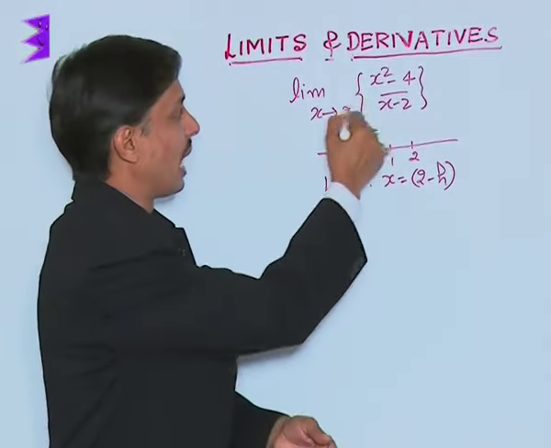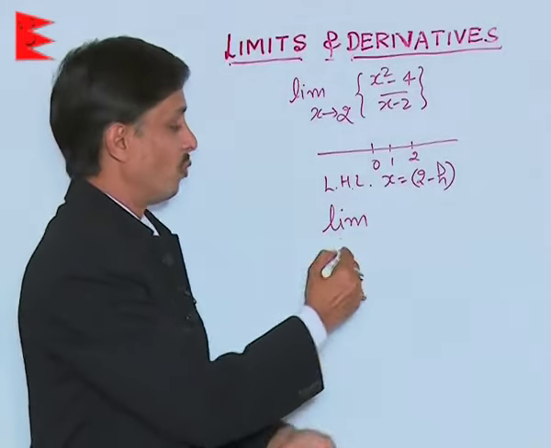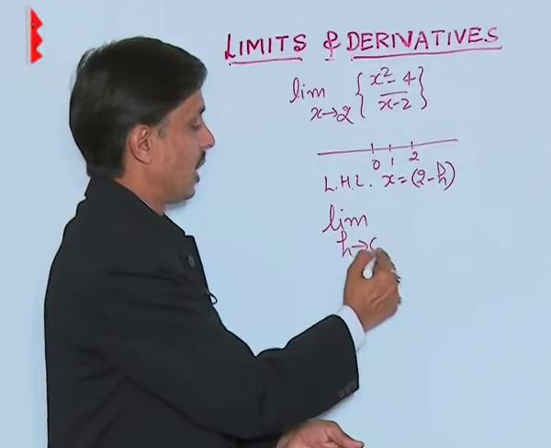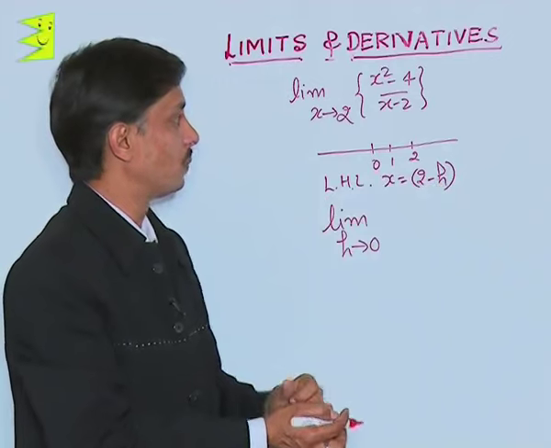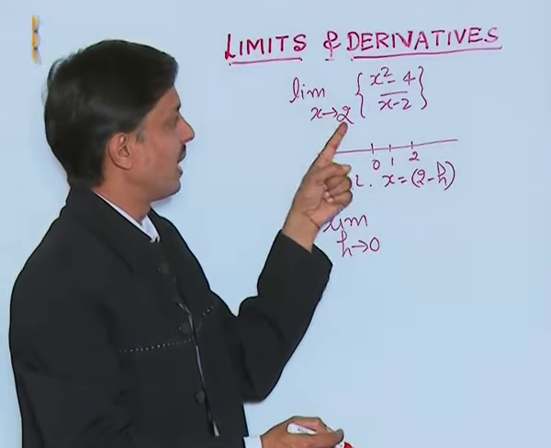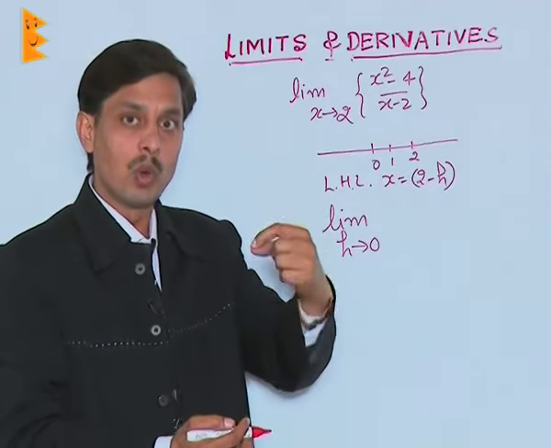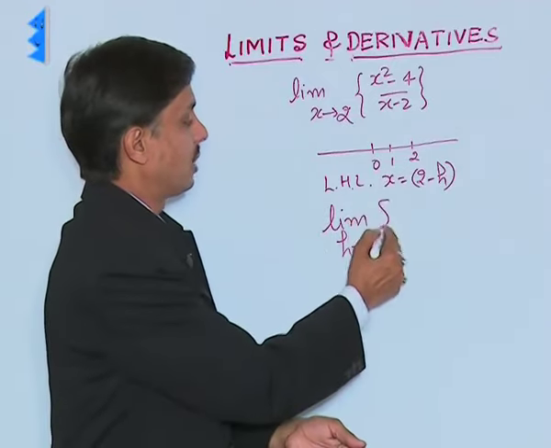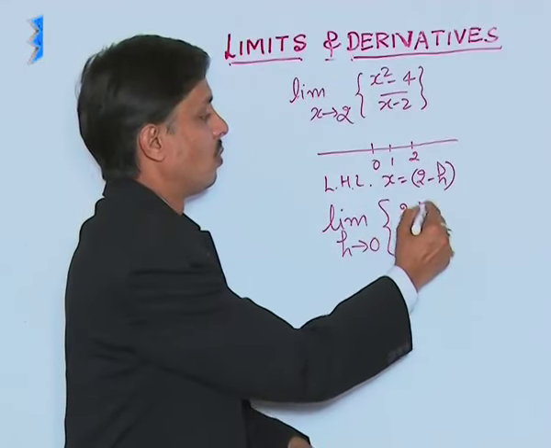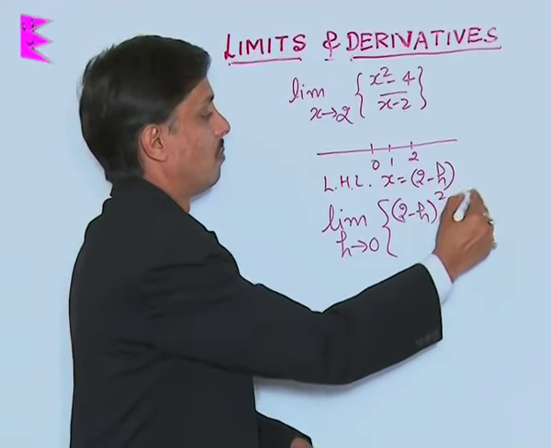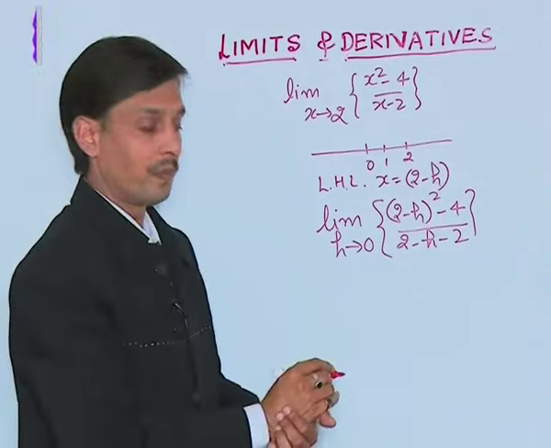So we have to write here limit not x tending to 2. We will write limit h tending to 0, because h is very close to 0. As here it was limit x tending to 2, the value of x is not 2, either it is a bit more or a bit less. Limit h tending to 0, in place of x we will put 2 minus h whole square minus 4 upon 2 minus h minus 2.